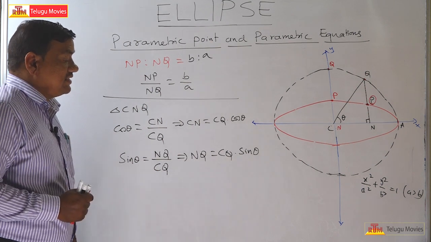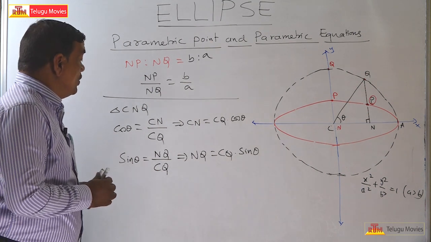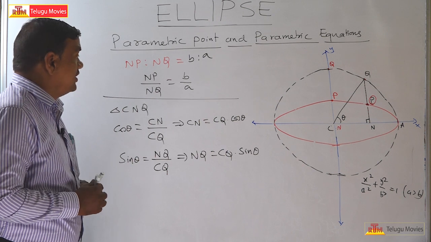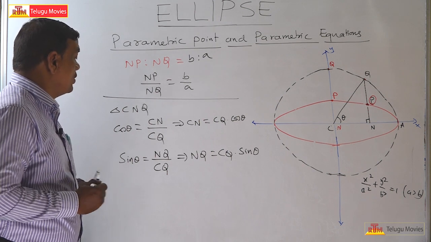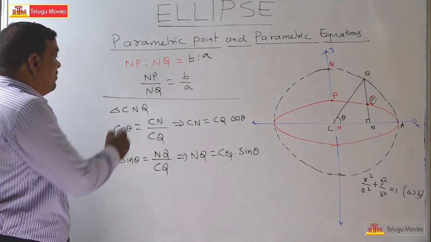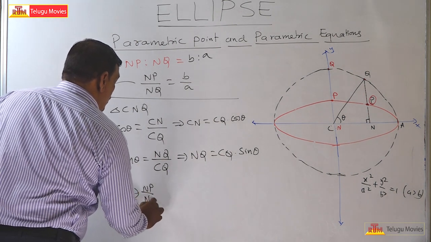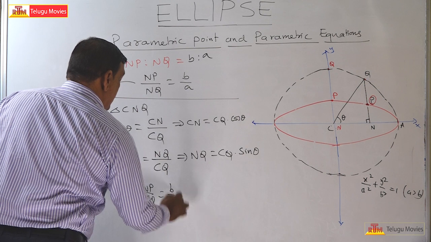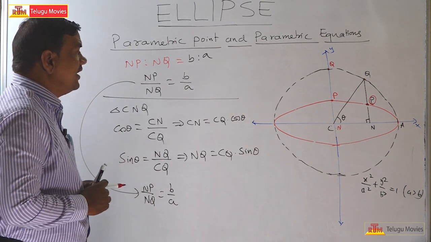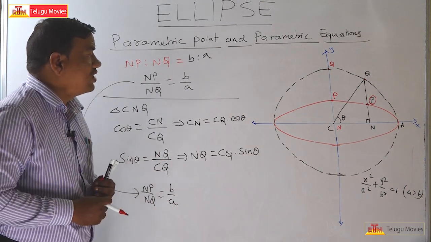Let us see this. We know that NP by NQ is equal to b by a. So we will come back here again and make use of some results.